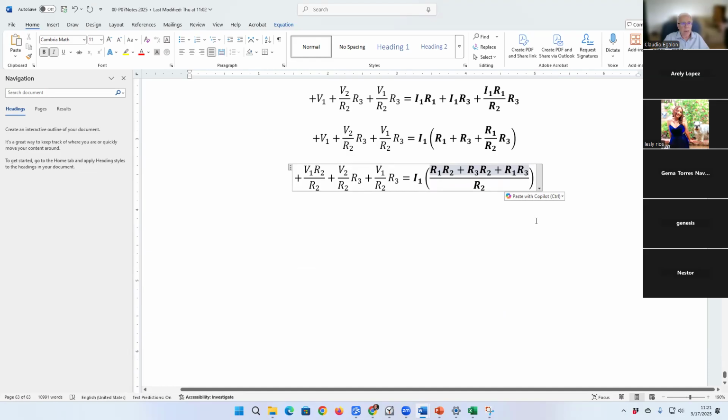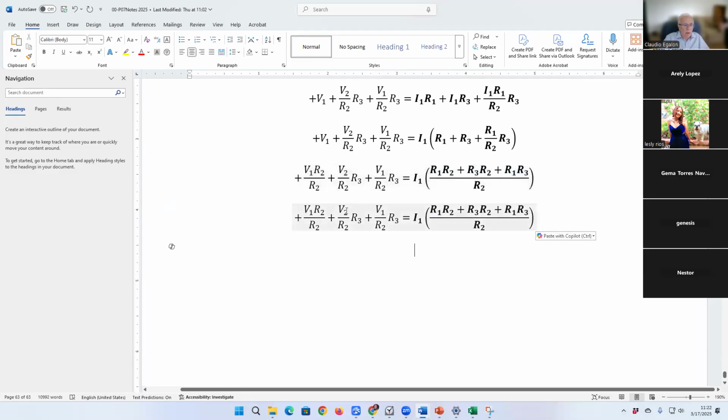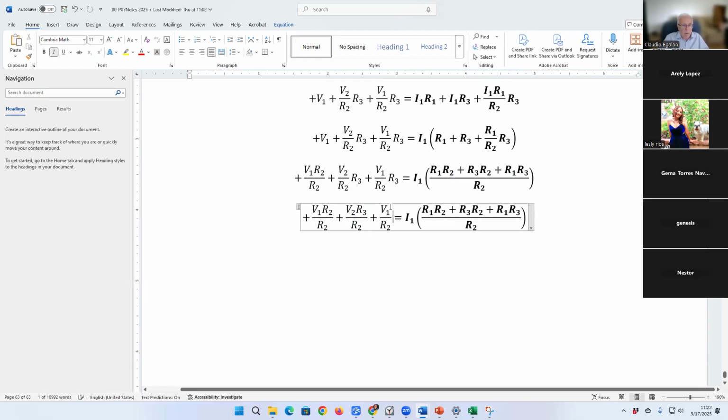Okay. And next step. I'm gonna put everything under the same denominator. We already have everything under the same denominator. Here we go. This one goes here.